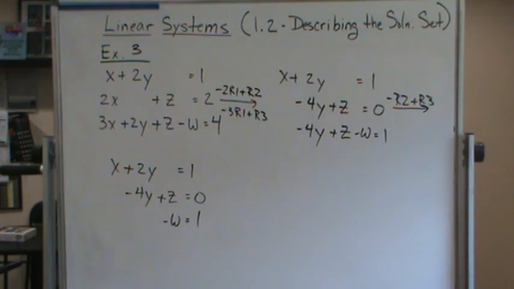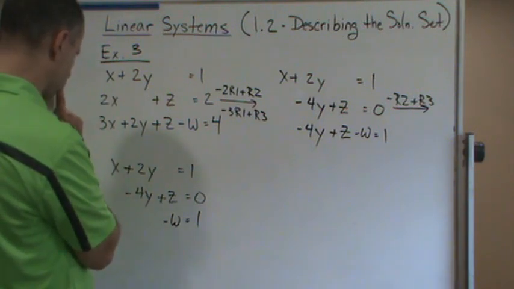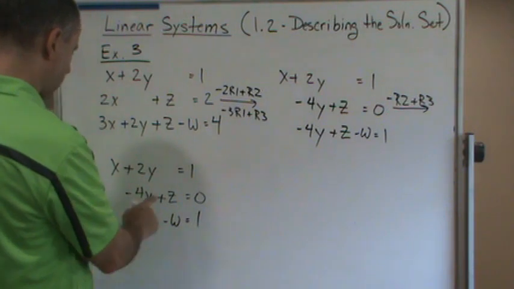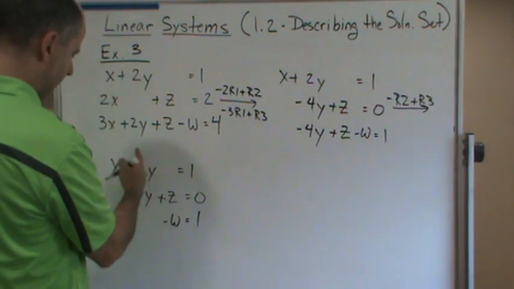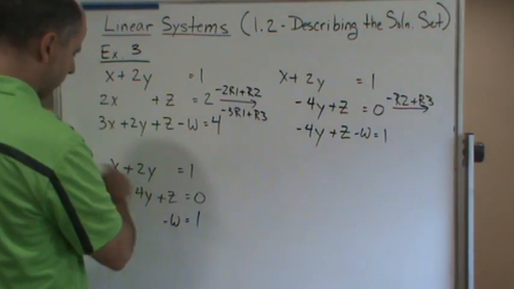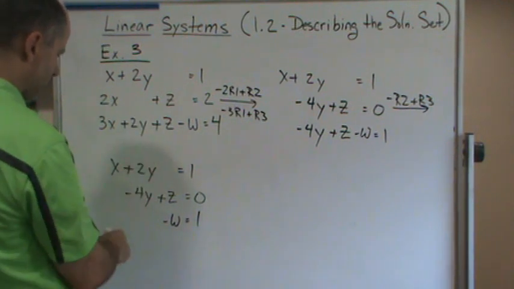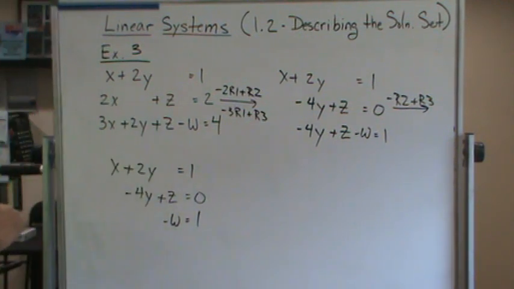Oh, actually, hold on a second. No, I'm sorry, Z. Z is not a leading variable. There are 4 variables, so Z is not a leading variable. So Z is free.